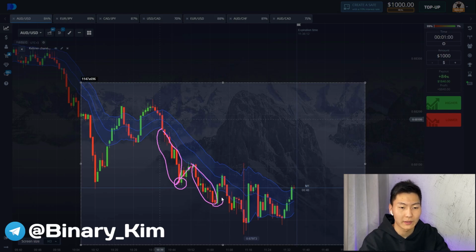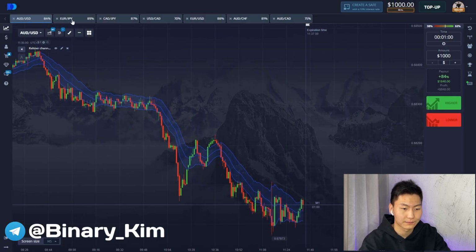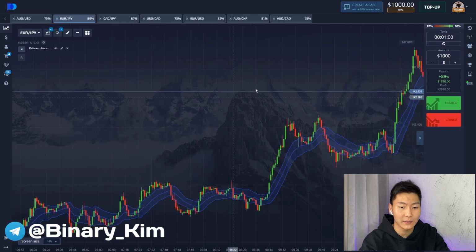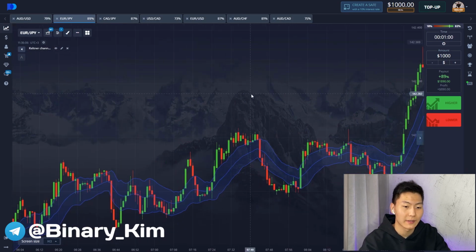When the pullback is over, we see the breakdown again, then we observe the inception of a green candle, and this is another chance to open a long position, guys. And here we see another case when the price broke the channel downwards, and then the price went upwards again. So this is how it happens when we have a downward trend.